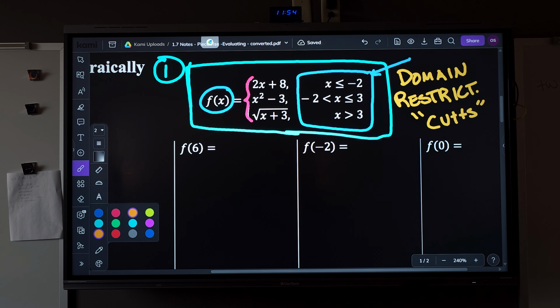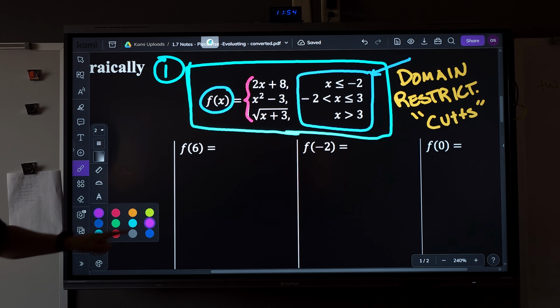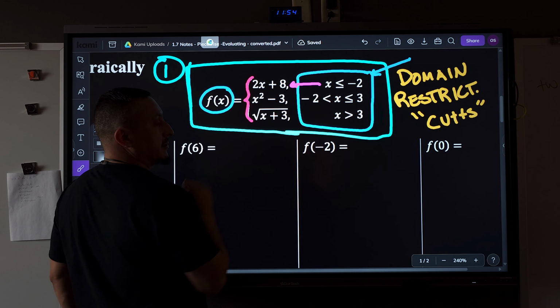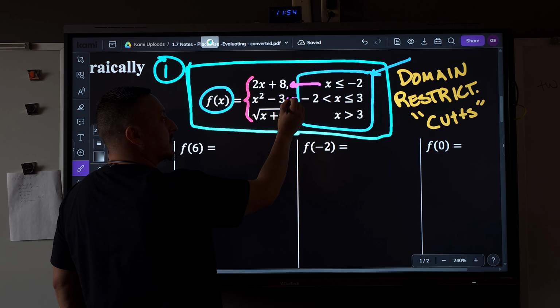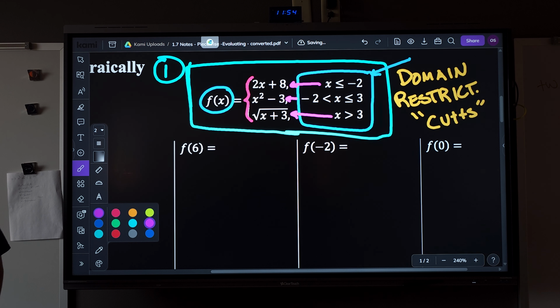I'm just making those cuts. Like I just want this piece, so I'm going to cut it right there. Just think of it like that. What you need to know is that this cut goes with this equation. This cut goes with that equation, and this cut goes with that equation. They go like that. Everybody good so far?